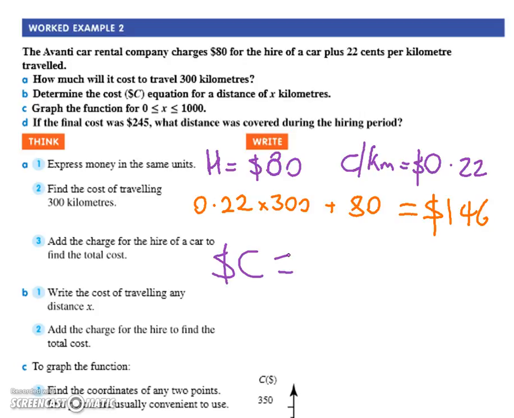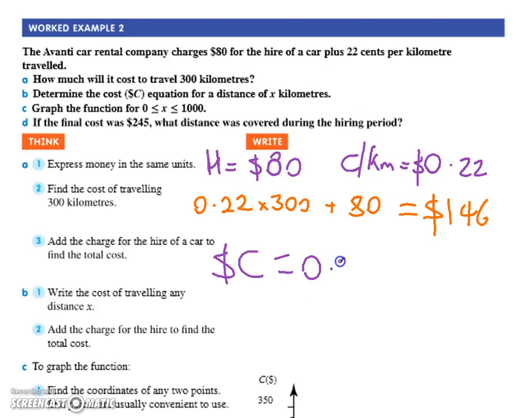X kilometres. So we don't know how many. We just want to know the equation. We want to work out how much we're going to have to pay to travel X kilometres. Oh, so you just got to write the equation. Well, that's what you're doing.